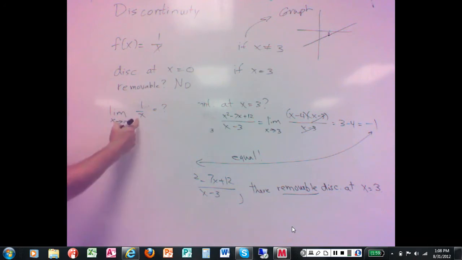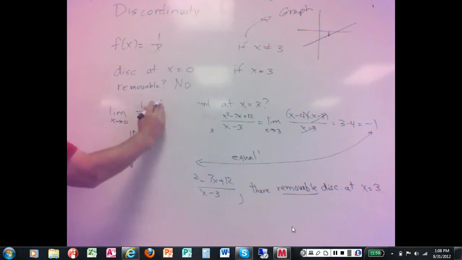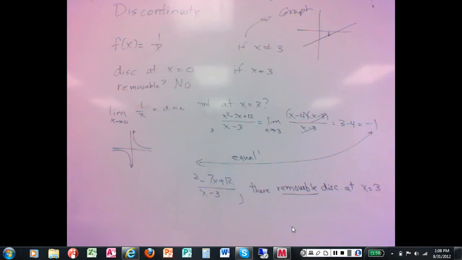The limit here, as x approaches 0, is, well, on one side it's negative infinity, just looking at the graph here. On one side it's negative infinity, on the other side it's positive infinity, so the limit really does not exist. But even more specifically, they're infinities on one side and the other. Okay?